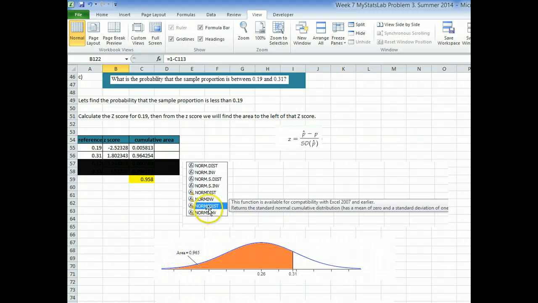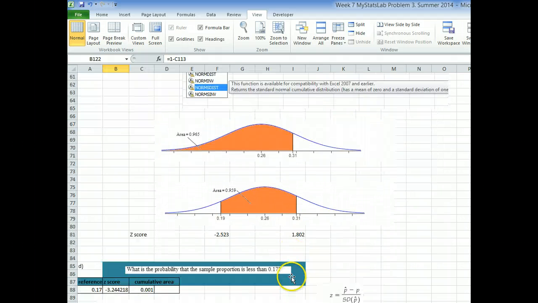And one little reminder here: there are several functions in this chapter that you can use. Once the function has an S in it, it is expecting z-scores. That's one little tip that you can keep in the back of your minds. So the one we need to use to reduce z-scores to cumulative areas is NORM.S.DIST, and that gives you the area, which is also the probability that the score is less than that particular proportion.